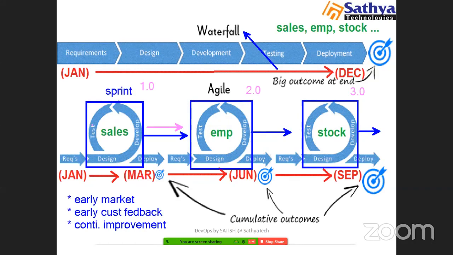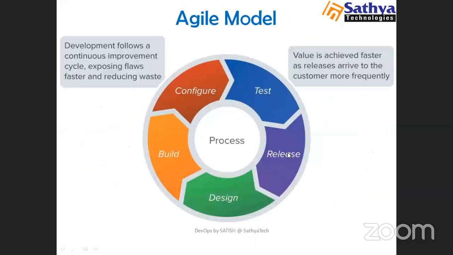We've seen some agile advantages: the client can have early customer feedback and continuous improvement in the application. Now, see this agile cycle. In the agile cycle, you will find some limitations.